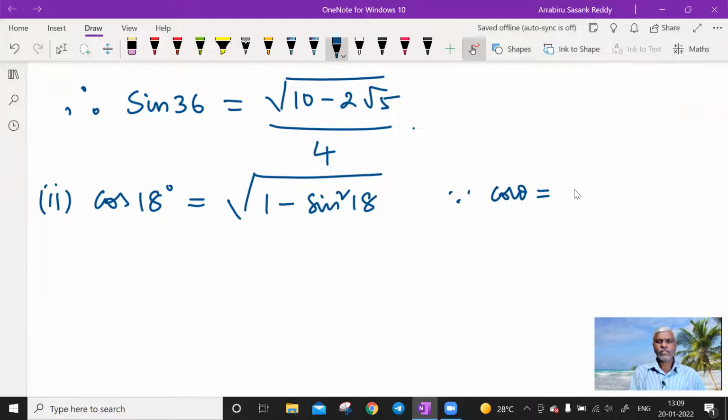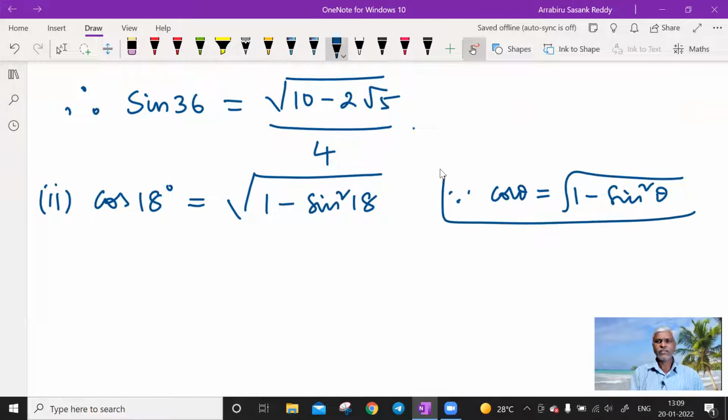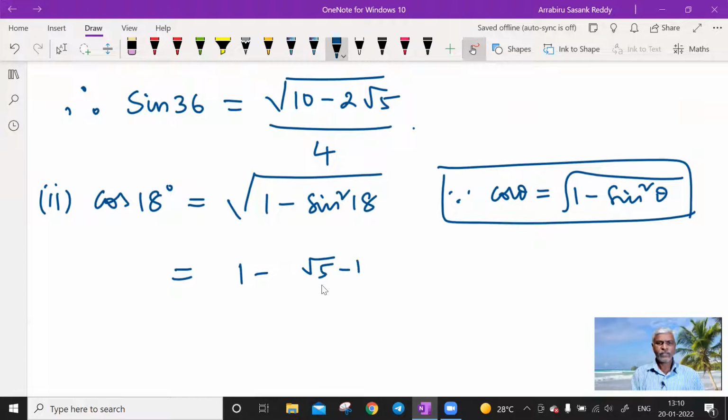Cos square theta is 1 minus sin square theta. So cos theta is under root 1 minus sin square theta. So it is equal to 1 minus ((root 5 minus 1) by 4) square, since sin 18 is (root 5 minus 1) by 4, under root.